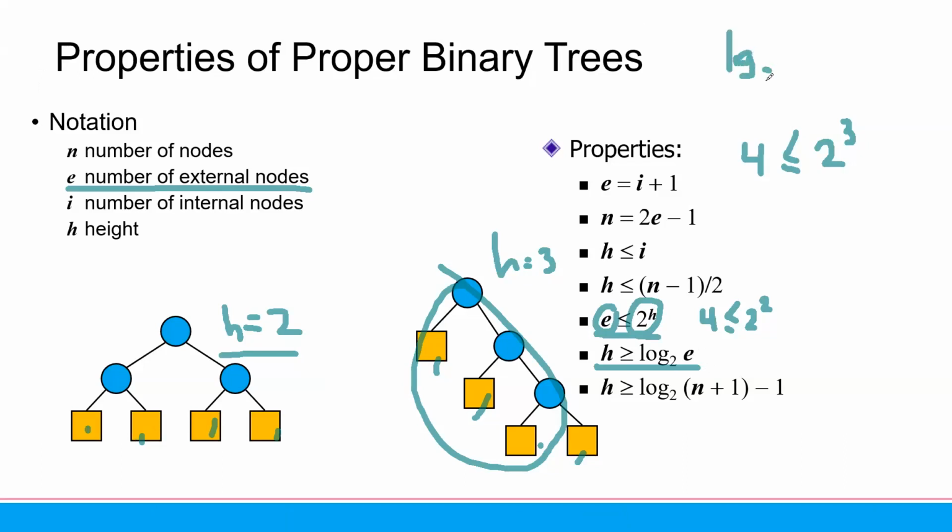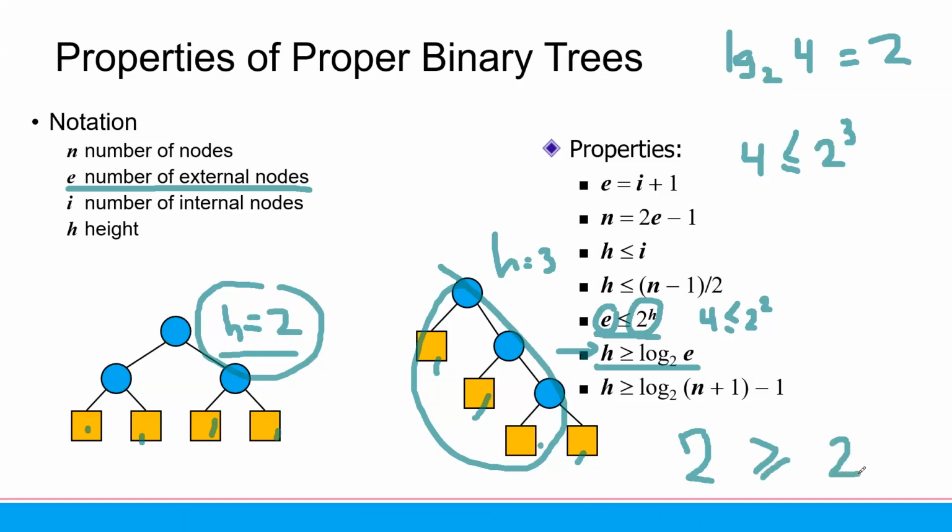Log base 2 of 4, the result is 2. Then h is the height. The height is 2. In this case, 2 is greater than or equal to 2.